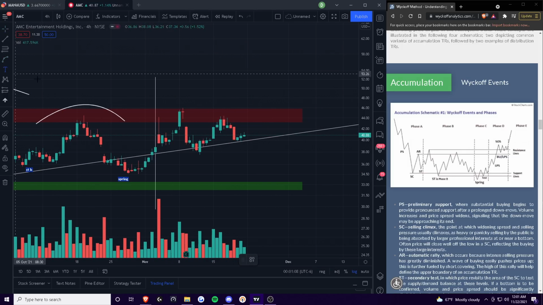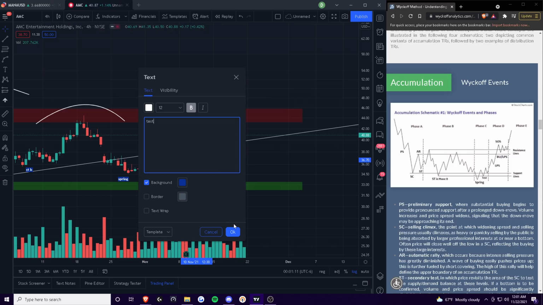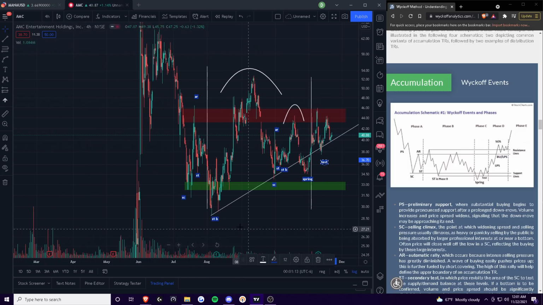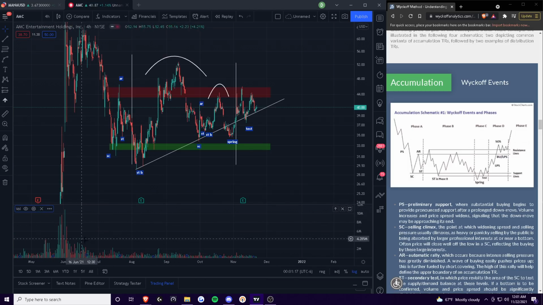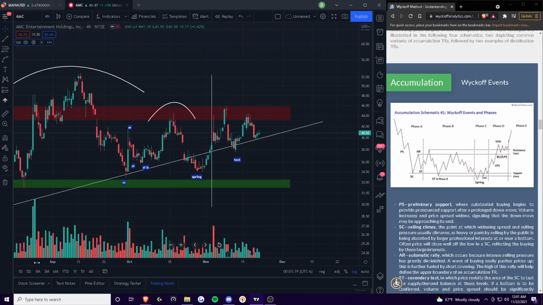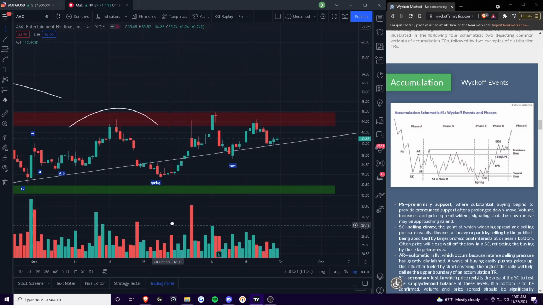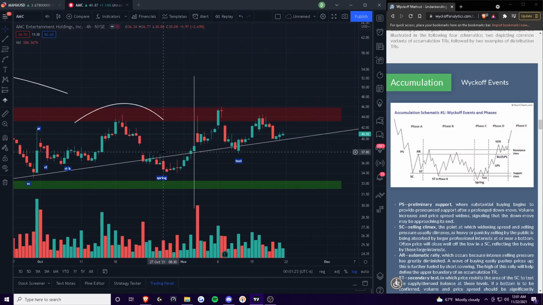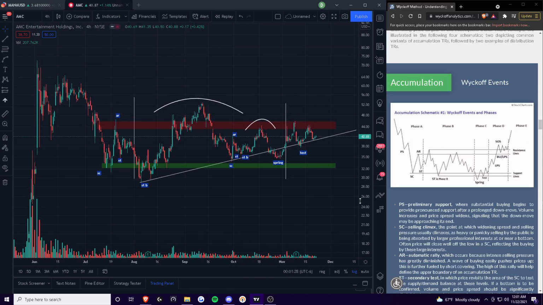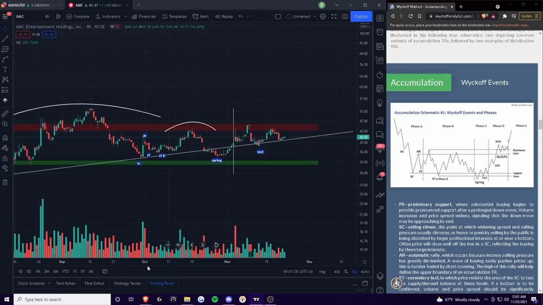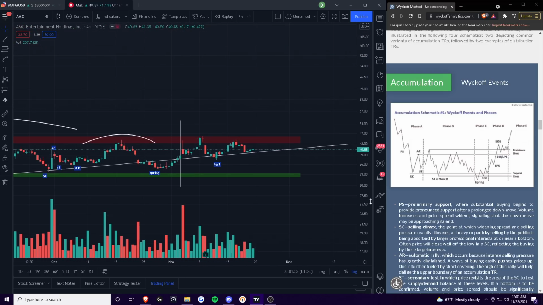Because even though this trend line isn't technically in this smaller schematic that I'm drawing, we know that it's key for the overall trading range of the stock, right? So we do want to consider it.